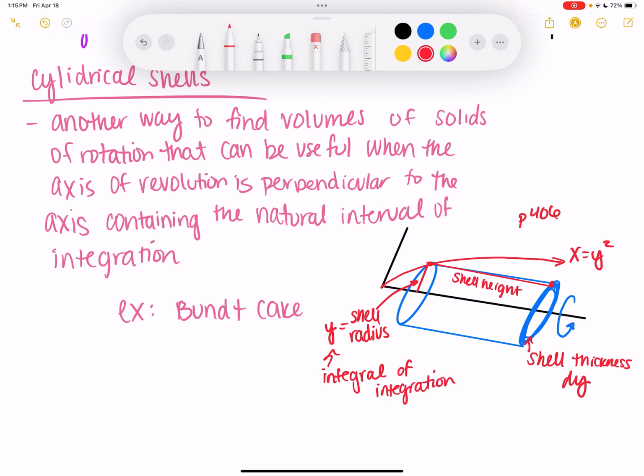So basically the dimensions that we're doing it on.